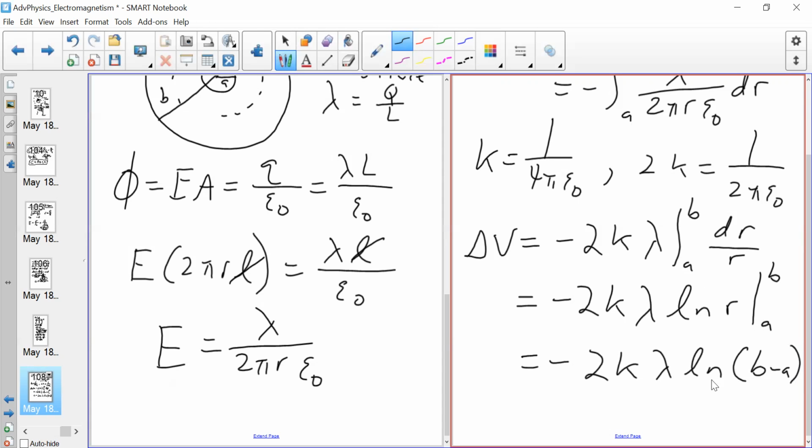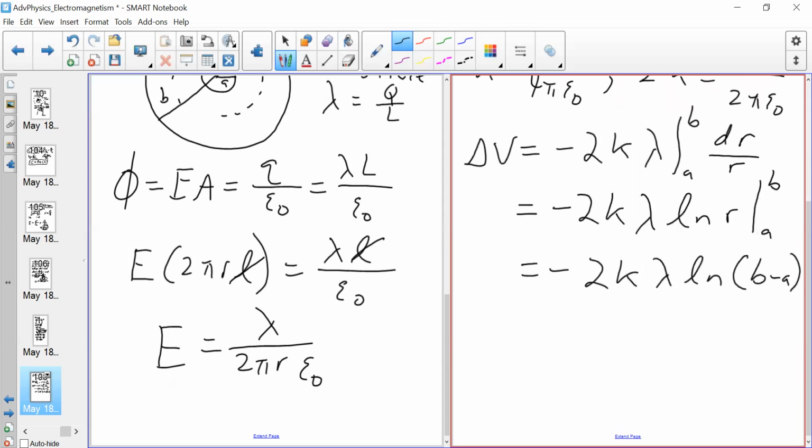And then by natural log rules, a natural log of a subtraction reduces to a division, the equivalent expression there. So 2K lambda natural log of B divided by A. That's my voltage. Almost there.